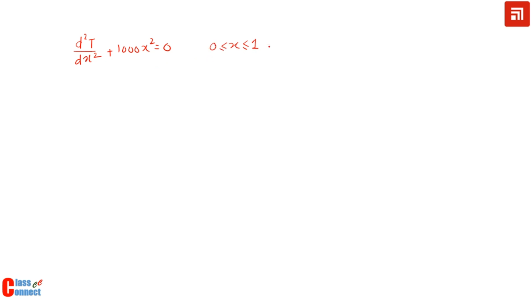And the boundary conditions are given as t(0) is equal to 0 and t(1) is equal to 0, and it is also given that we can use the trial function as x(1 minus x square).